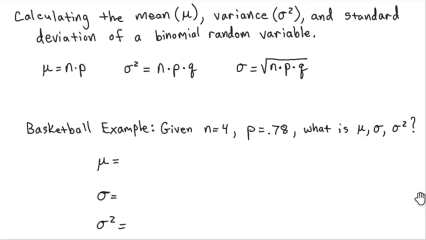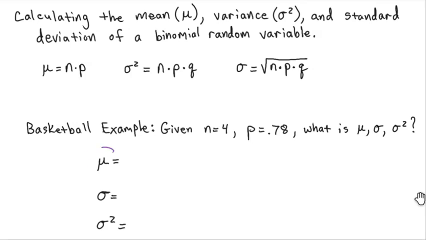So I'd like to calculate the mean, the variance, and the standard deviation of our basketball example, where a player is trying 4 free throws. Their probability of success is 0.78. Here we want to identify the mean, the standard deviation, and the variance.